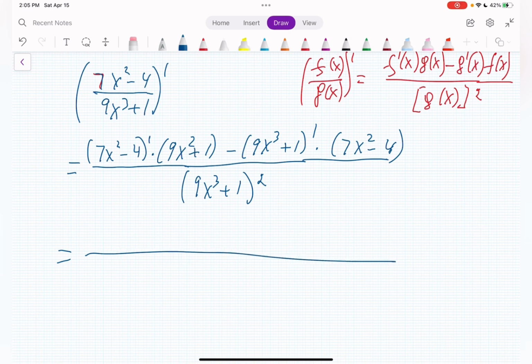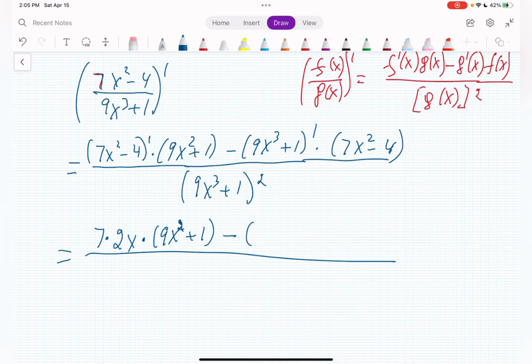So what are we going to have? Derivative of 7x squared is going to be 7 times 2x, because 2 minus 1 is 1, so we don't put it. Derivative of negative 4 is going to be 0, right? So times 9x cubed plus 1, minus derivative of 9x cubed.